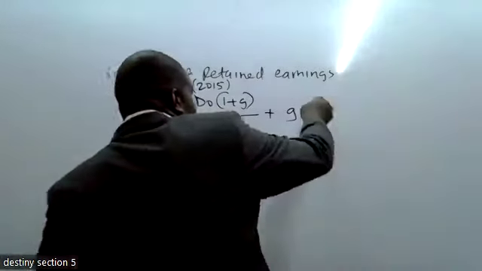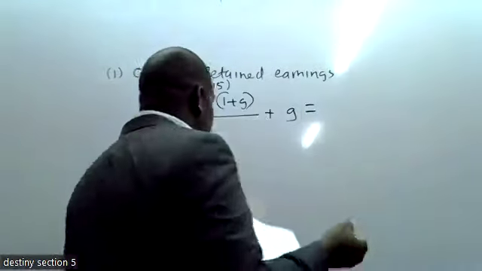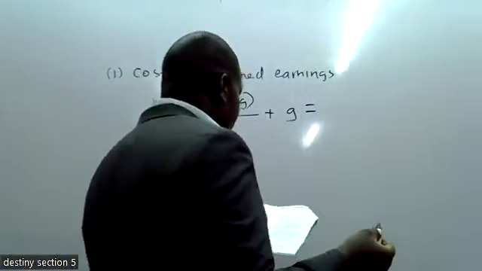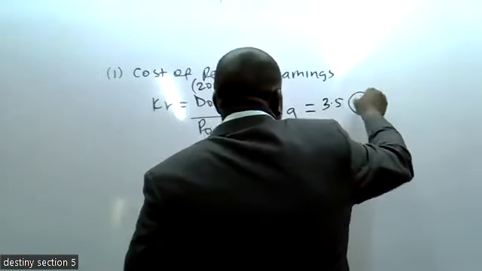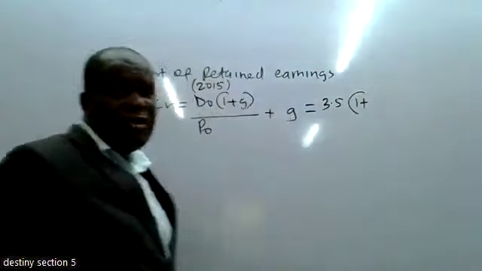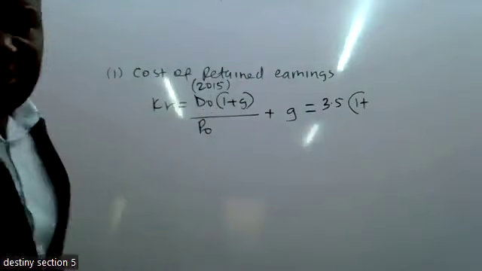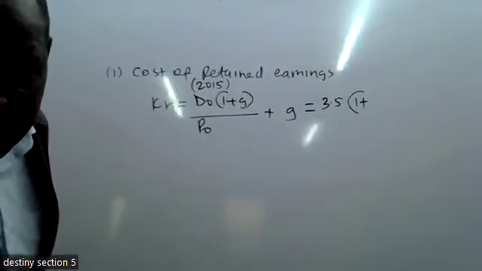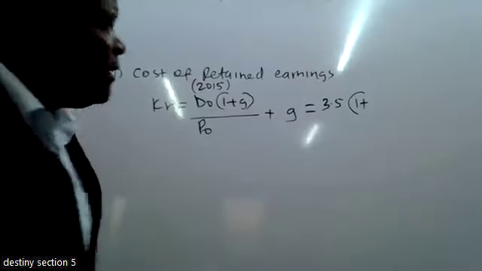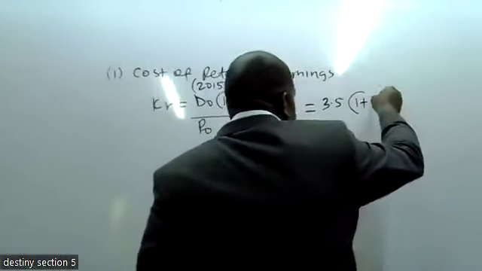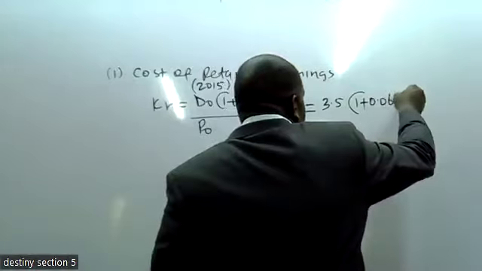So there, D0 is going to be 3.5, then 1 plus g. g is the constant growth rate, which you have just calculated. Then we say it was 6.96%, which is the same as 0.0696.